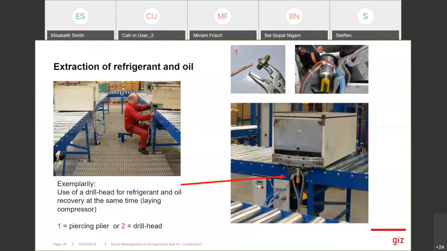So we have situation 1, use of piercing plier, or situation 2, use of a drill head. But this is already a professional equipment, what you can see on the right side on the presentations.